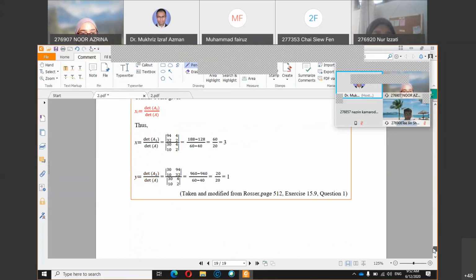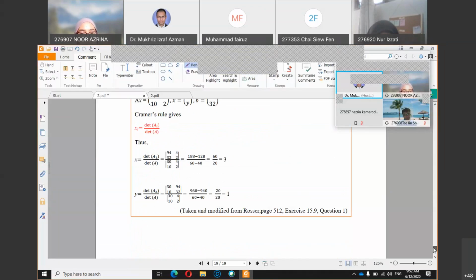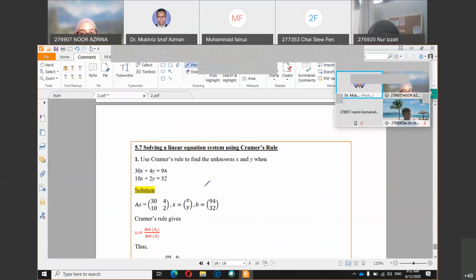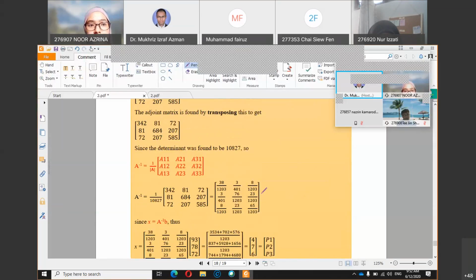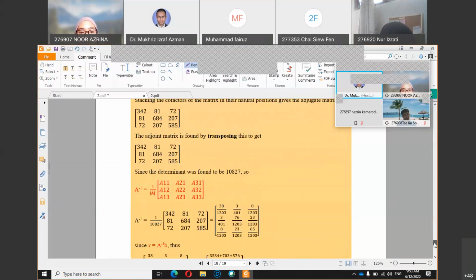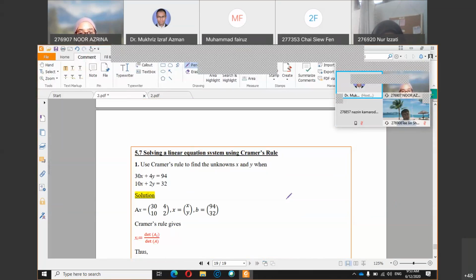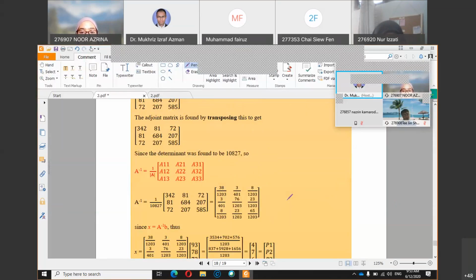I don't think there is much to discuss in terms of the concept, because the focus is using the inverse solution, and the other using Cramer's rule, which is the shortcut to the long process of the inverse solution. Depending on the questions, some require you to use Cramer's rule, and some state that you must use the inverse solution.